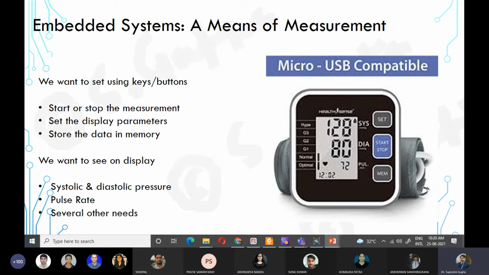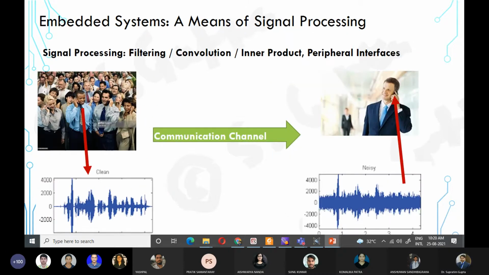And if required, we can also convert the output of this processor, which is digital in nature, into the analog domain through this DAC, digital to analog converter. Okay. So we can see that it can be utilized for signal processing.